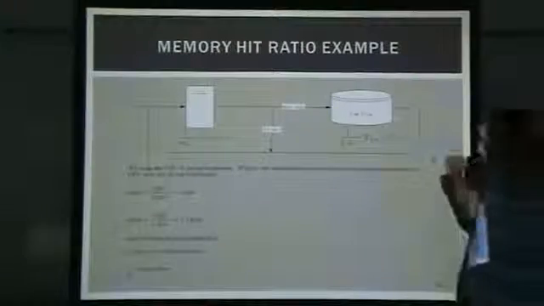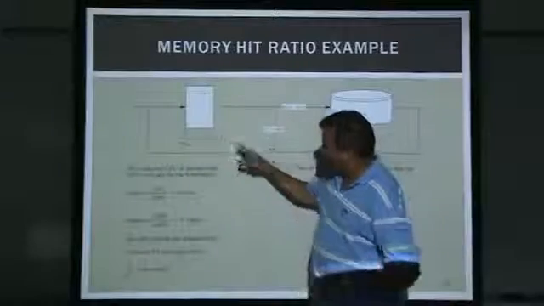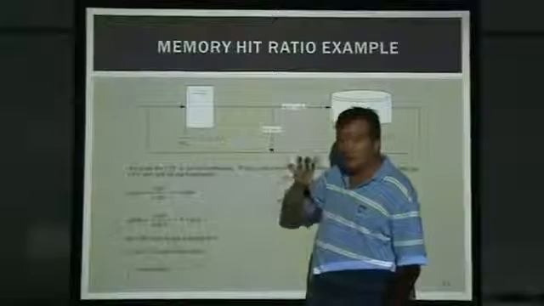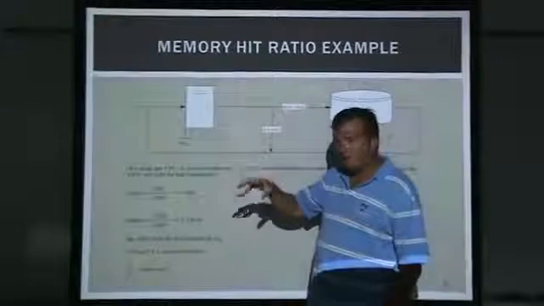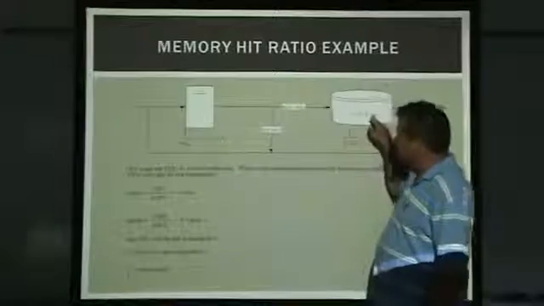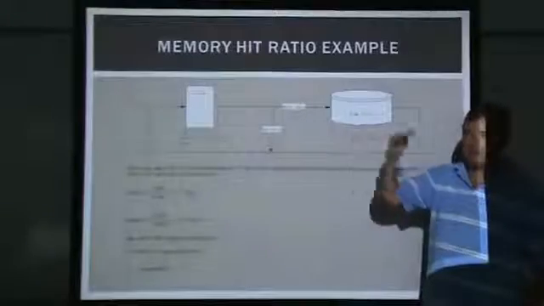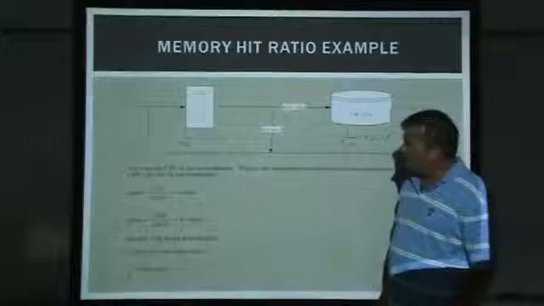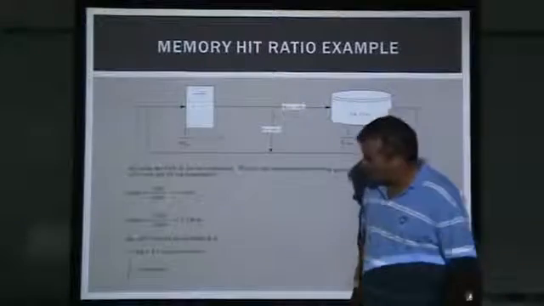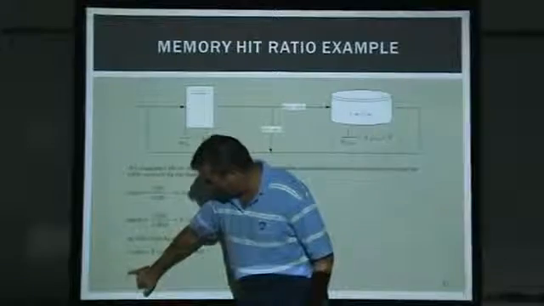So what does that end up meaning? Maybe I'll give a concrete example. Suppose the time to process an instruction that is in memory is 1 millisecond. And the time to process an instruction that you have to go out to the disk drive, copy the page in, and then run it is 1 second. So this ratio, 1 divided by 1,000.